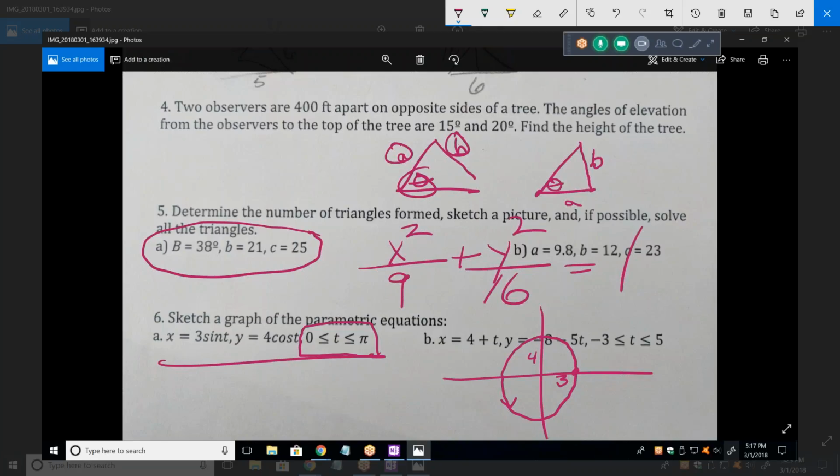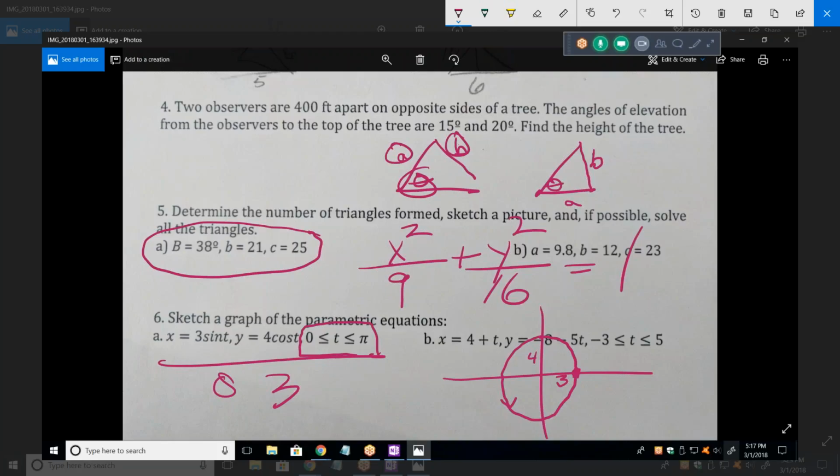Now, it doesn't necessarily draw the entire ellipse, but in this case, it will, because you'll notice that x goes from 0 to 3, right? If t goes from 0 to pi, well, when t is 0, x is 0. But when t is pi over 2, then x is 3.